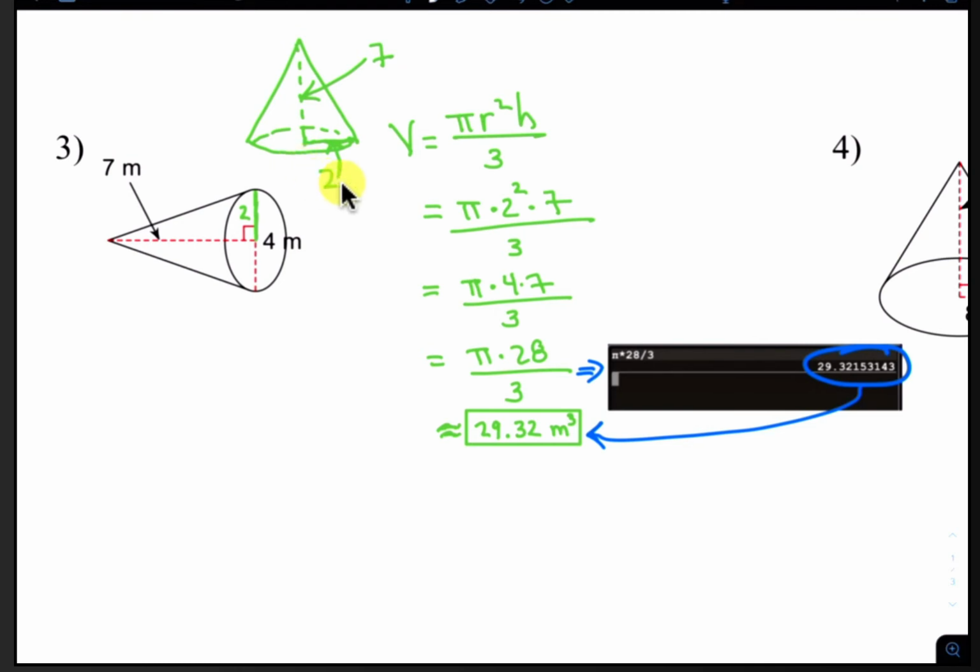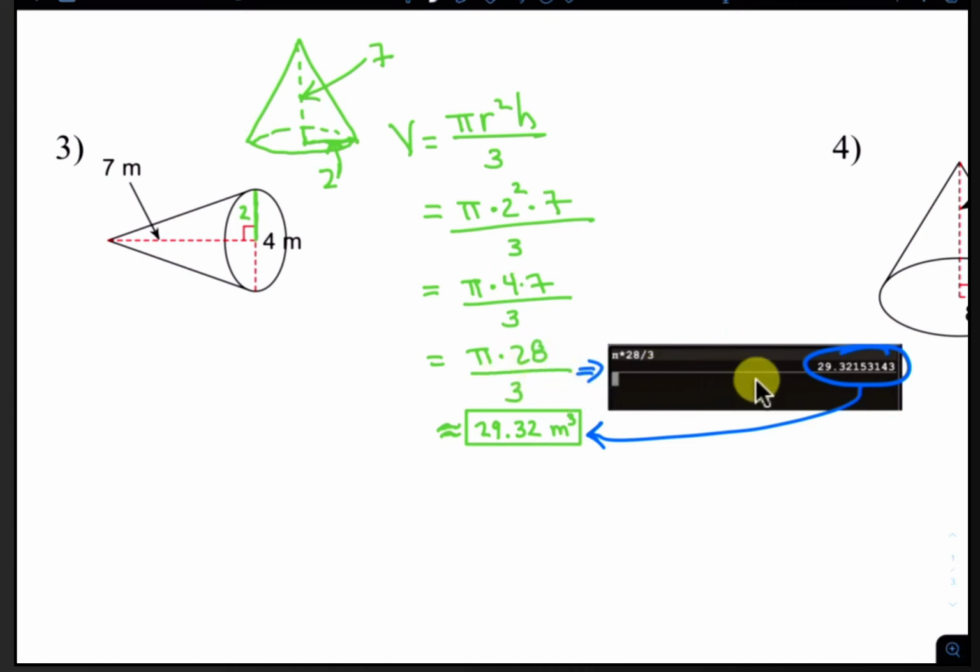The formula for the volume of a cone is pi times the radius squared times the height h, all divided by 3. So that's pi times 2 squared times 7 divided by 3. 2 squared is 4. 4 times 7 is 28. And then we put this in the calculator.